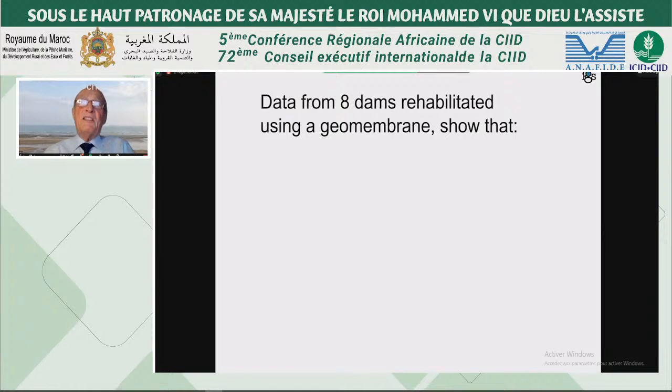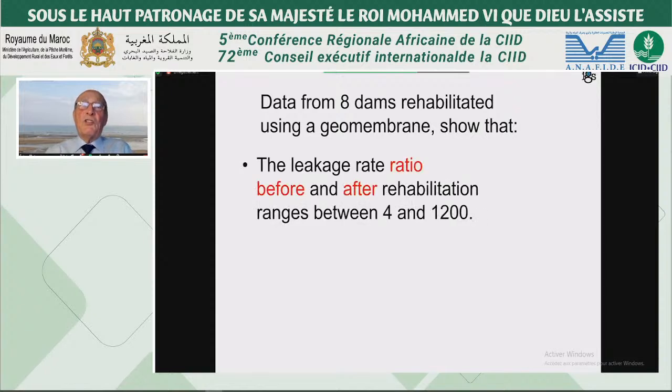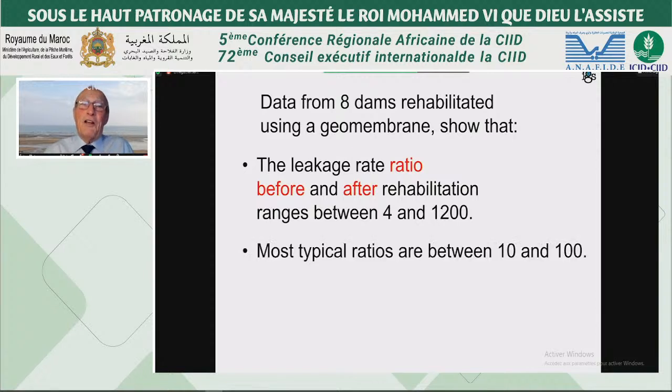Data from 8 dams rehabilitated using a geomembrane show that the leakage rate ratio before and after rehabilitation ranges between 4 and 1,200, which is a very wide range, but most typical ratios are between 10 and 100.